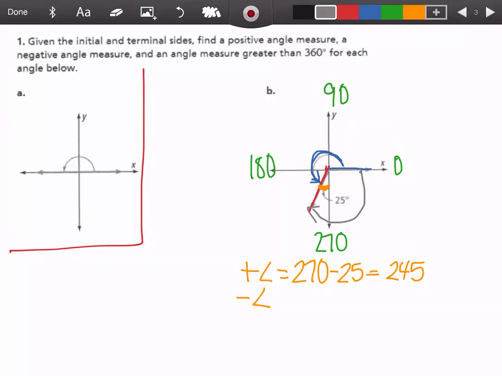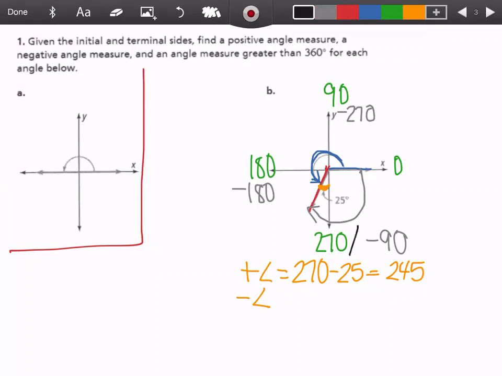Instead of 270 here, because we're going in the opposite direction, we have negative 90 degrees. We could go further, and this is negative 180 degrees. And this is negative 270 degrees. It works the same way, it's just going to switch the sign.